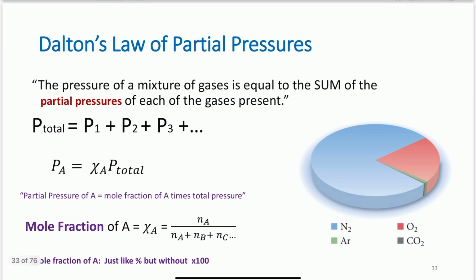So Dalton's law of partial pressure. The pressure of a mixture of gases is equal to the sum of the partial pressures of each gas present.